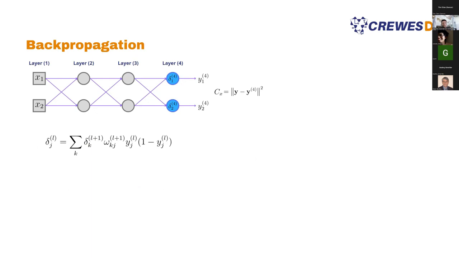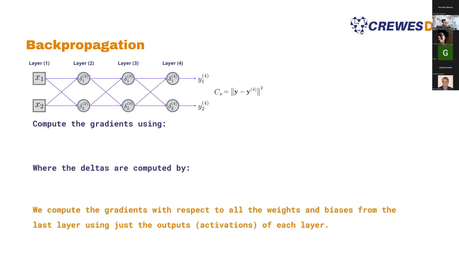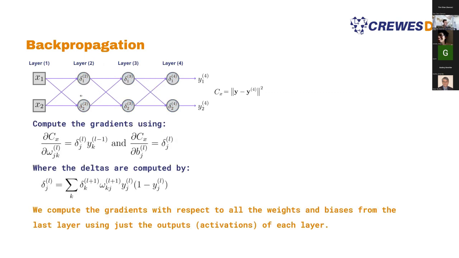This is a mathematical solution. So by knowing the deltas of layer 4, we can calculate the deltas of layer 3. And now knowing the deltas of layer 3, we can calculate the deltas of layer 2. Basically, those are the equations that we need to do the optimization.